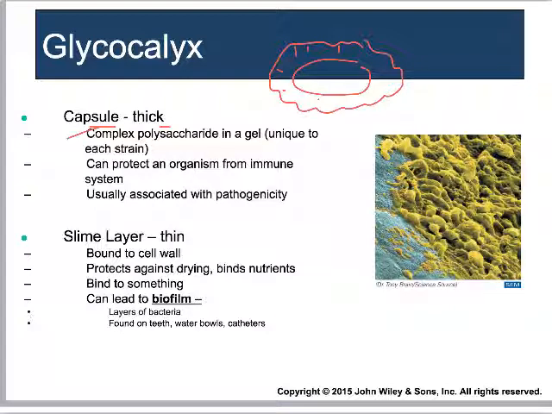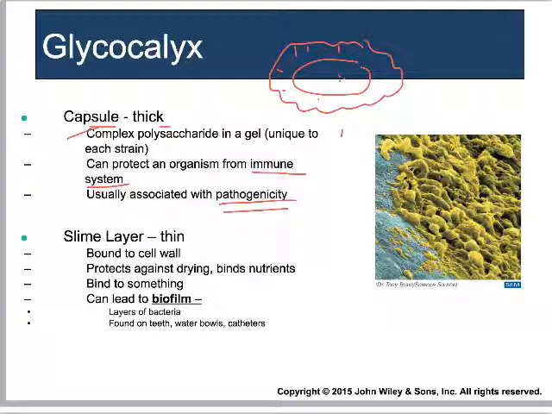It usually consists of a complex polysaccharide, a carbohydrate in a gel, and each strain of bacteria has a different polysaccharide. It helps protect the organism from the immune system, since the immune system has a harder time attacking an organism that has a capsule. The capsule can also make it sticky. So typically, if something has a capsule, it's going to be more pathogenic.